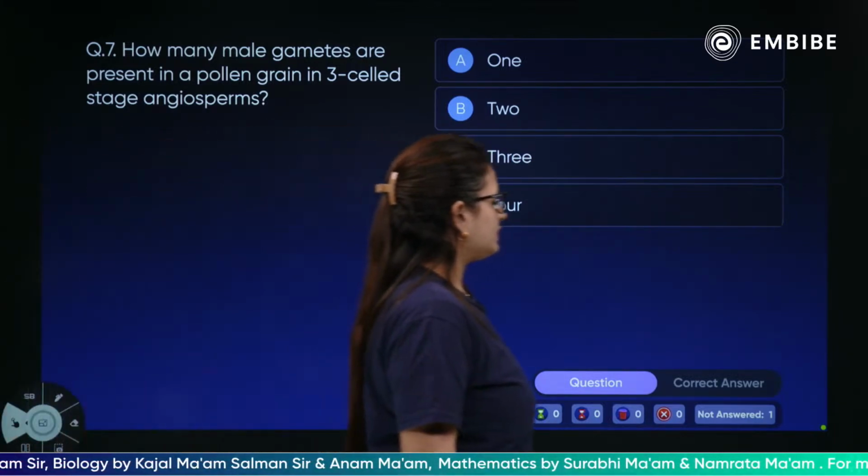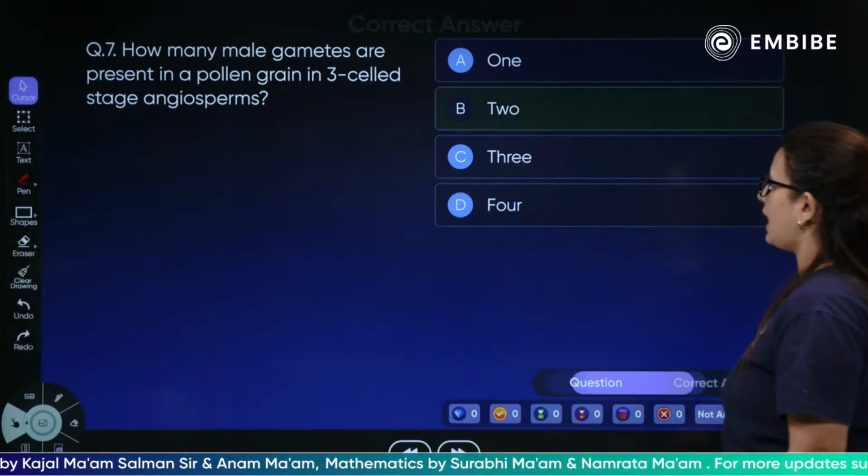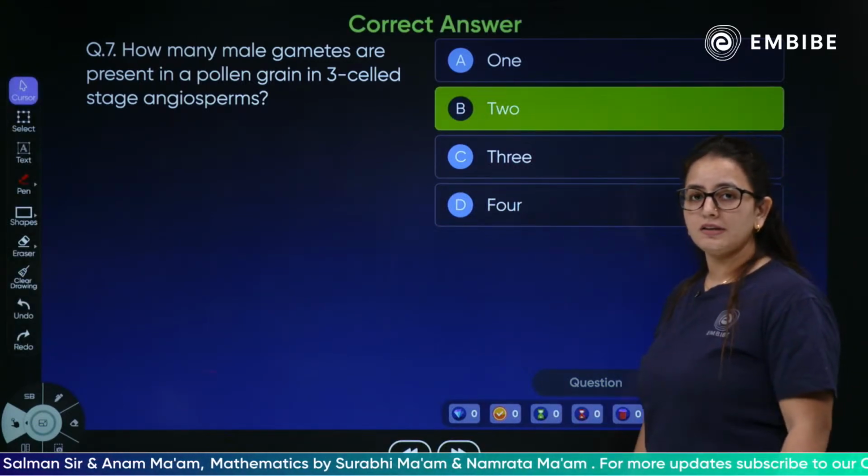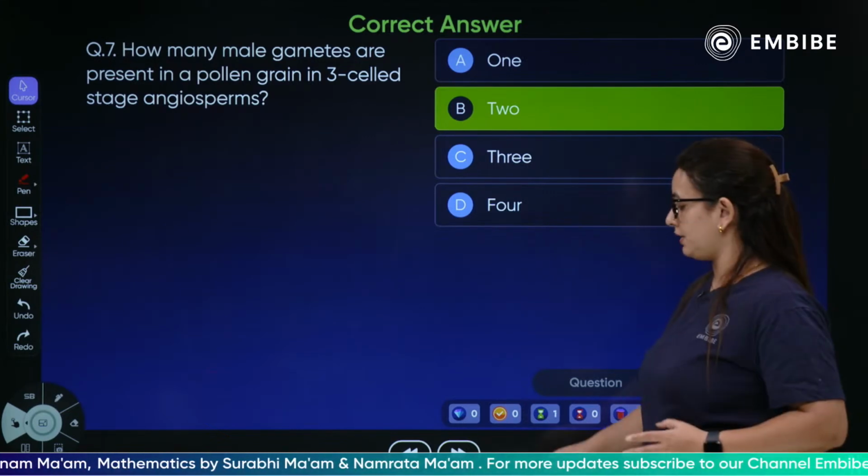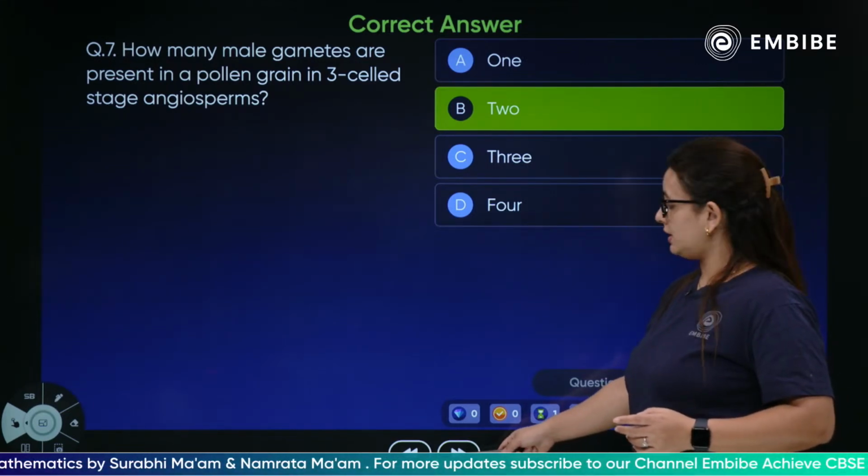They have 2 male gametes only. One fertilizes the egg cell, the other fertilizes the polar nuclei.